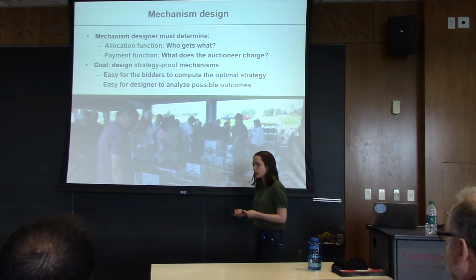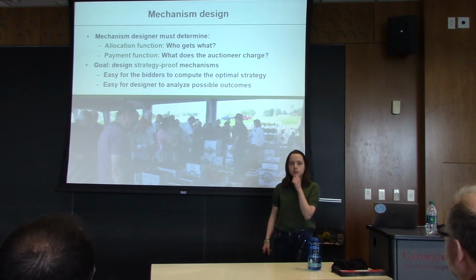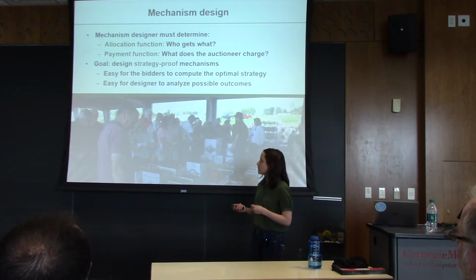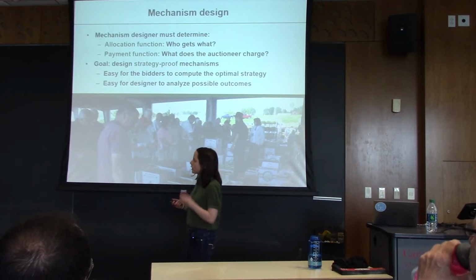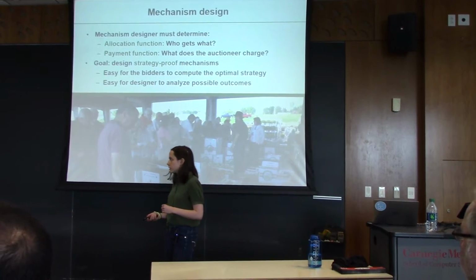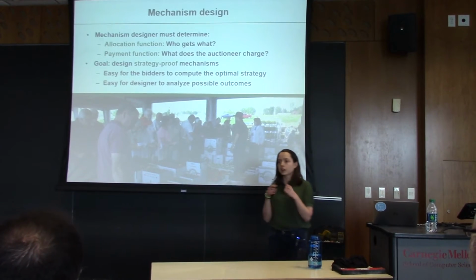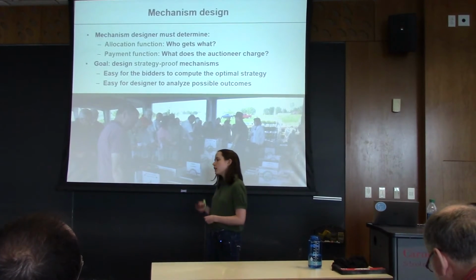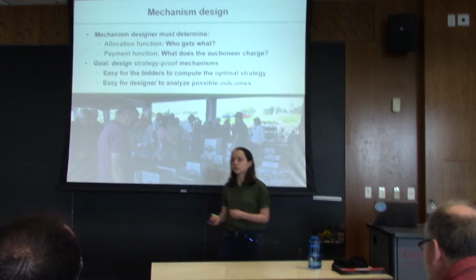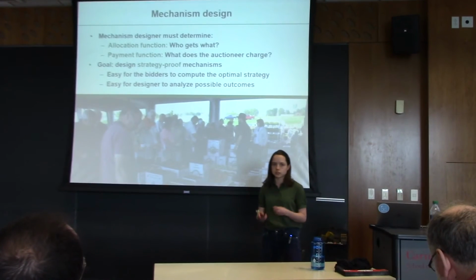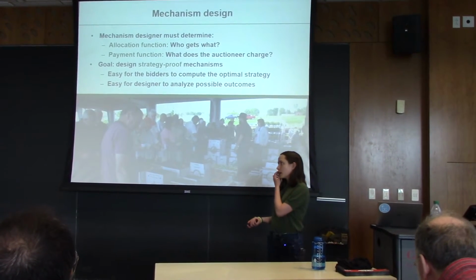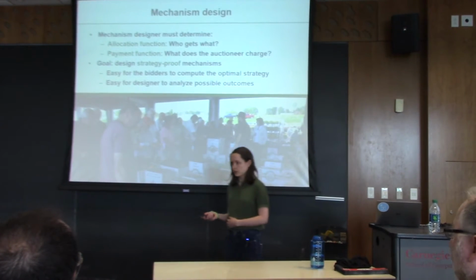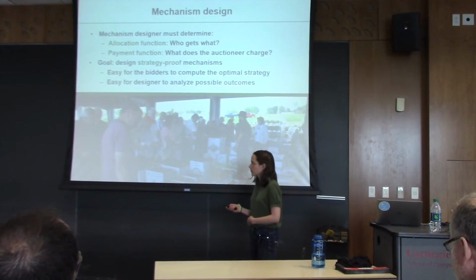That's the utility maximizing strategy. I'm not going to get into why, but this isn't as harsh a restriction as it might seem. And it allows the bidders to have a very easy bidding strategy, just report their bids truthfully. And it's easier for the designer to analyze all possible outcomes.